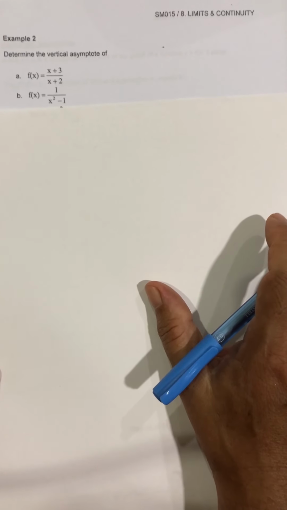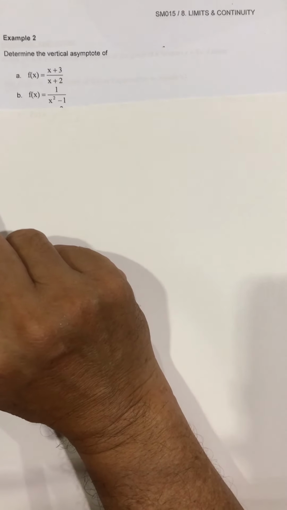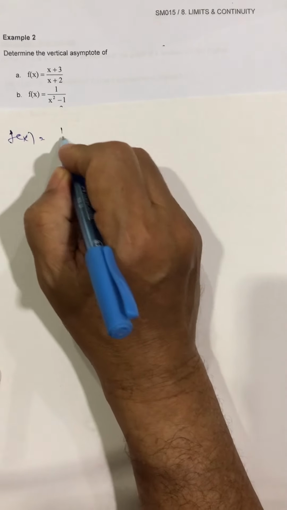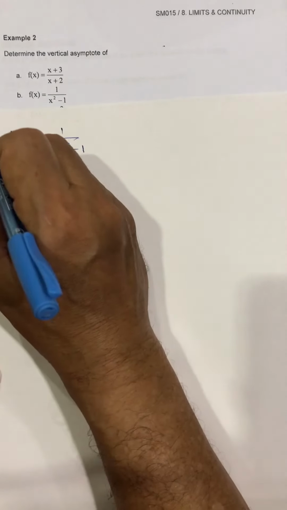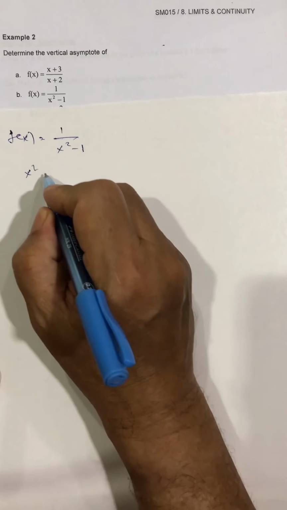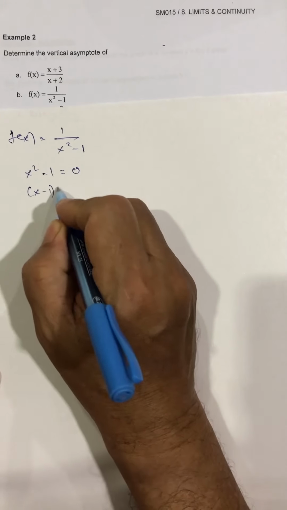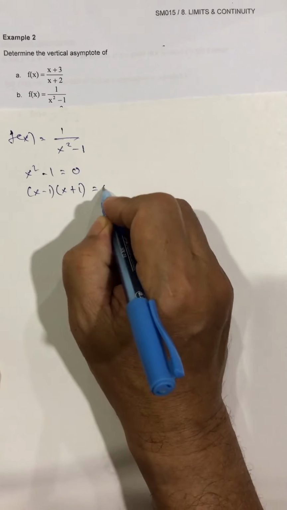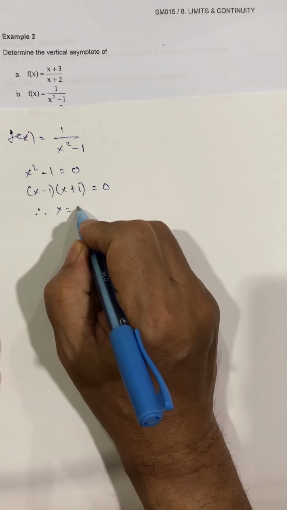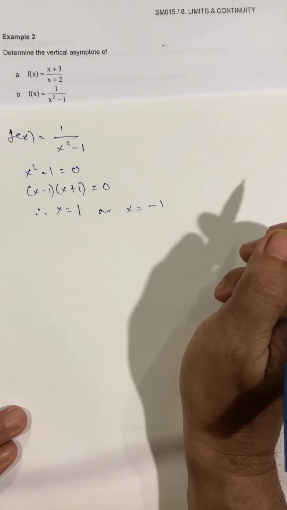Now we look at example 2, part B. Determine the vertical asymptote of f(x) equal to 1 over (x squared minus 1). So we take x squared minus 1 equal to 0. So (x minus 1) times (x plus 1) is equal to 0. So x is equal to 1 or x equal to negative 1.